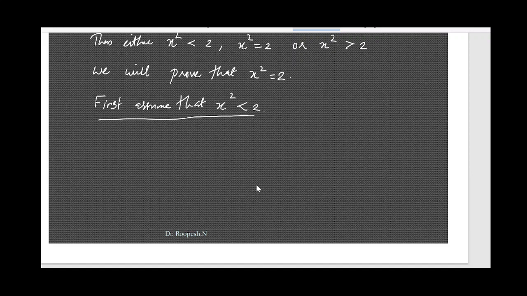So first assume that x square is less than 2. Then we can find a natural number n belongs to natural numbers such that x plus 1 by n belongs to S. That means x is not the supremum.